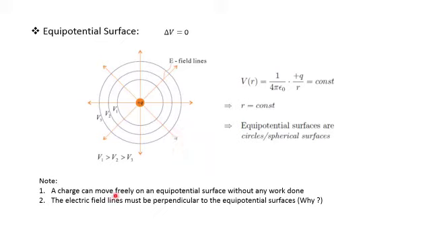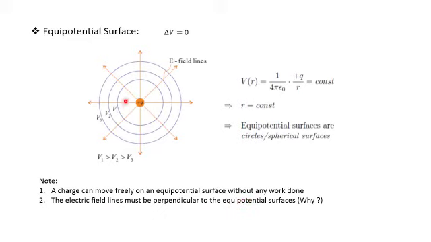You should also note that on an equipotential surface, a charge can move freely from one point to another without any work done. However, work needs to be done when we move a charge from one surface to another surface. Second, the electric field lines must be perpendicular to the equipotential surface.